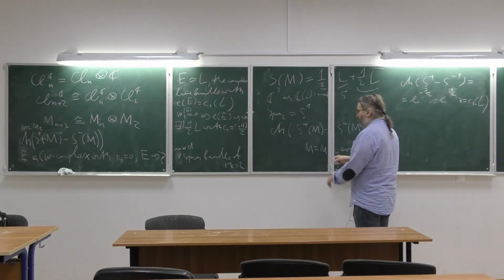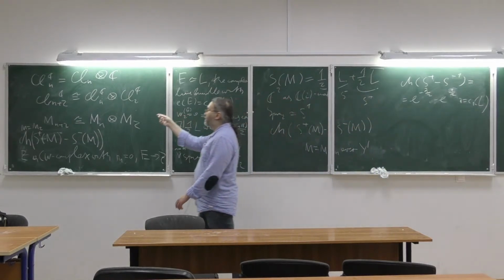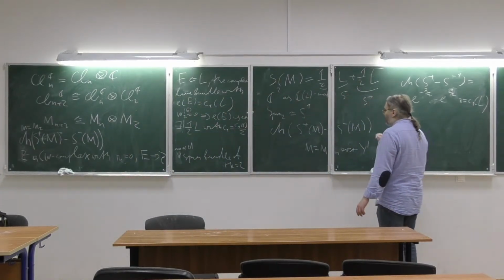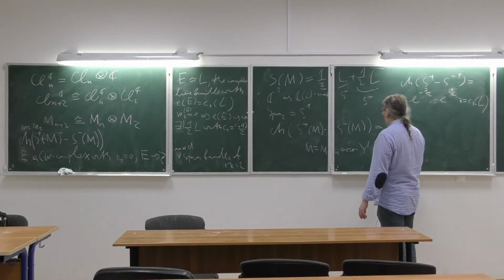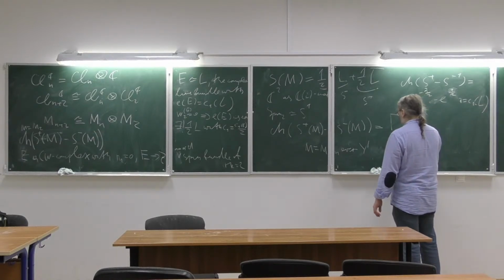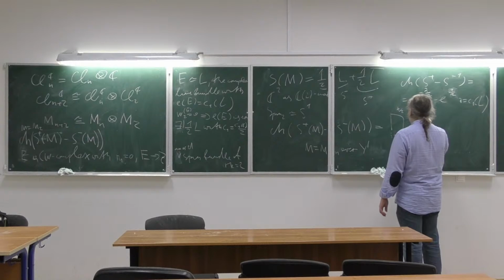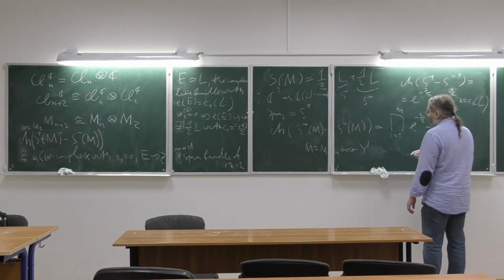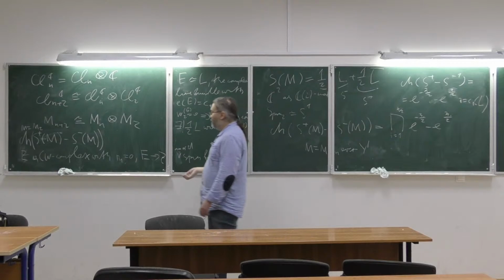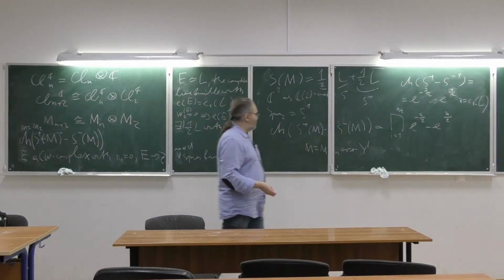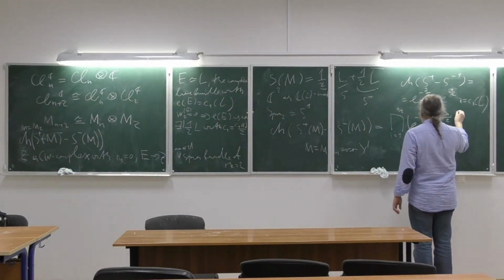So for now using this splitting and the splitting for the pullback to y prime, we have this formula.